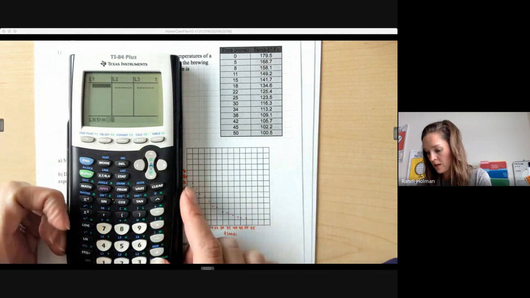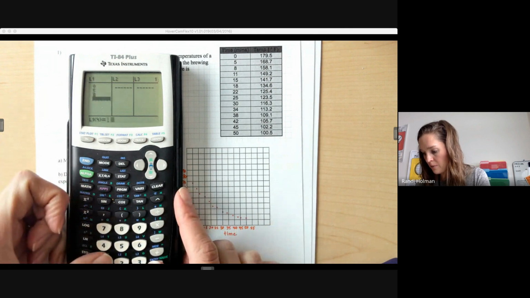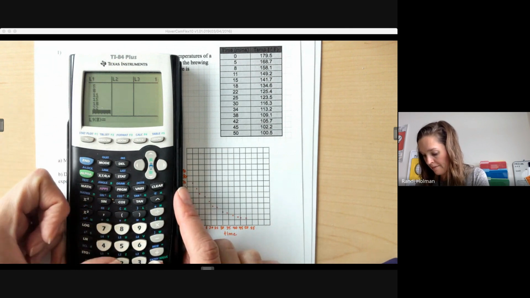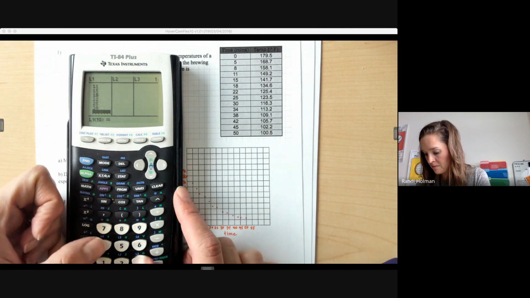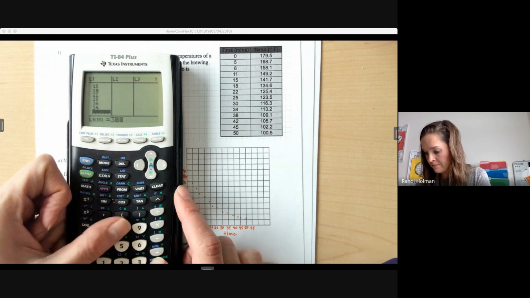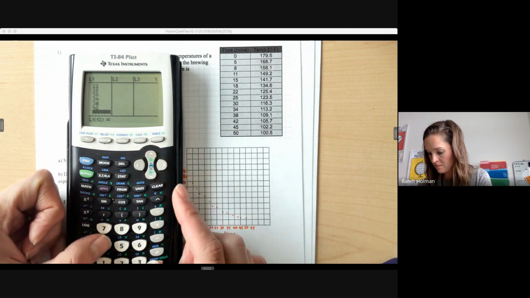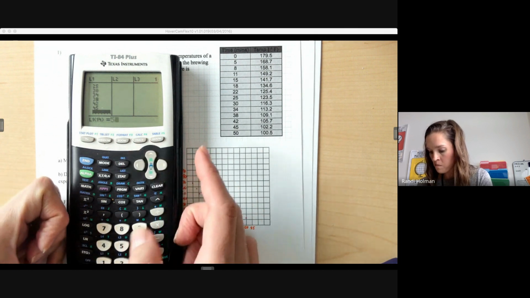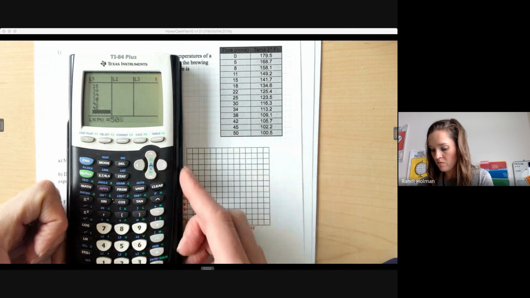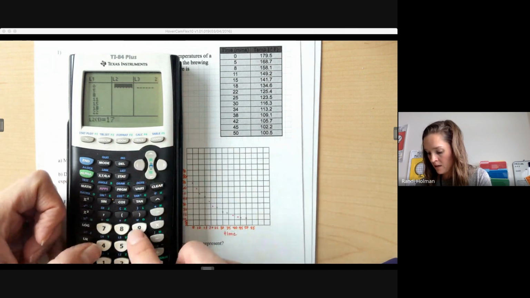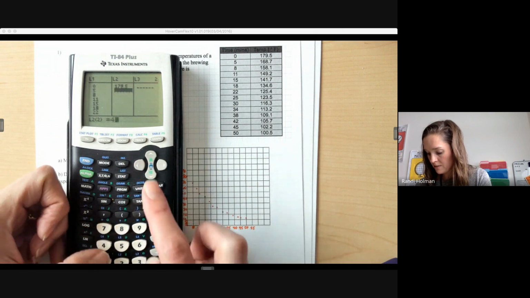Then we're just entering all of our data points into the list here. And then all of our Y values that correspond into the Ys.